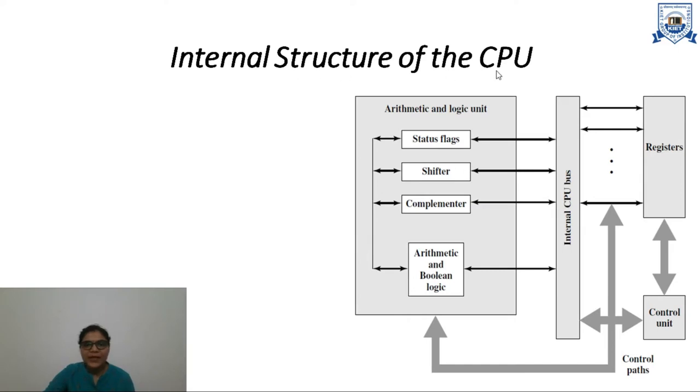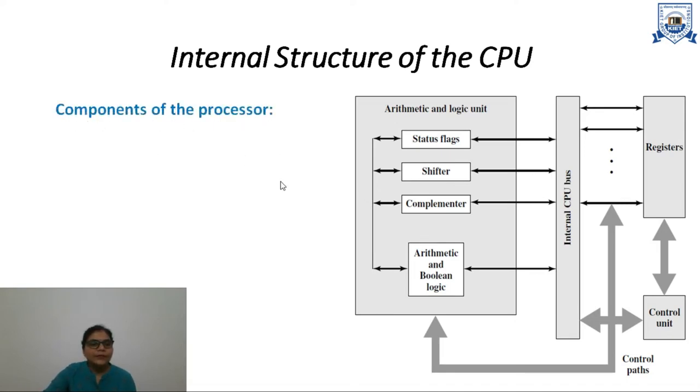So, the main parts of the processor are the arithmetic and logic unit, control unit, and registers. These components must be interconnected to coordinate with each other and to transfer data to each other. So, a processor has an internal interconnection network, or we can refer to it as the internal CPU bus.